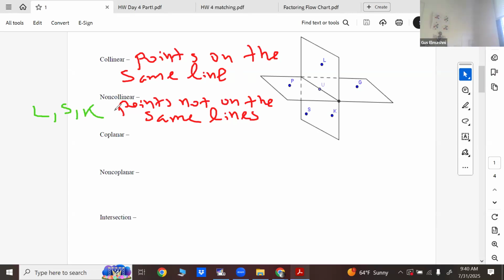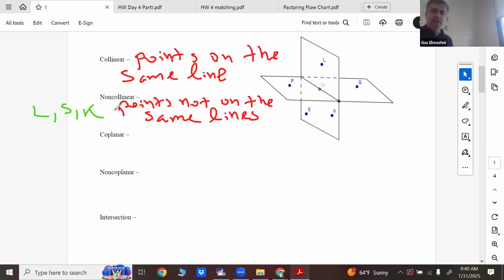There's no way L, S, and K are all on the same line. That's pretty obvious. It's kind of hard way to draw on. I don't think any of these, I mean, sure, S and K are collinear. Any 2 points can make a line. That's true. But are there 3 points on this diagram that are on the same line? I don't think so. I mean, you can say maybe PUG kind of, but you have to have it obvious.